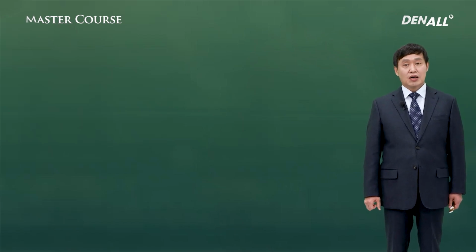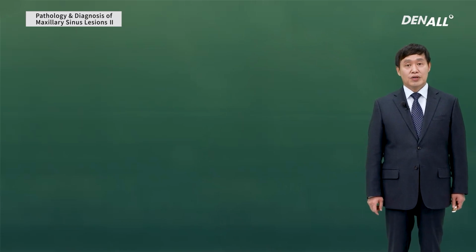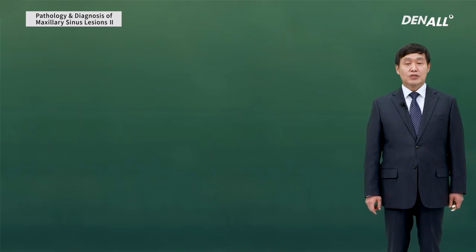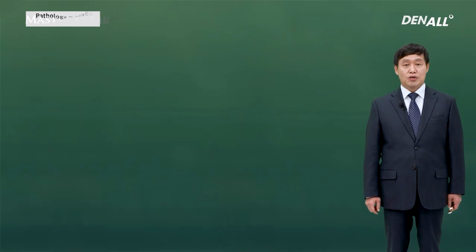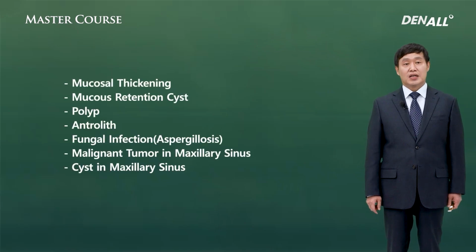Following the previous lecture, I've talked about different pathology and diagnosis related to the maxillary sinus. The most problematic of all is acute and chronic sinusitis. So at times, you can come across mucosal thickening, mucus retention cyst, and other cystic lesions.